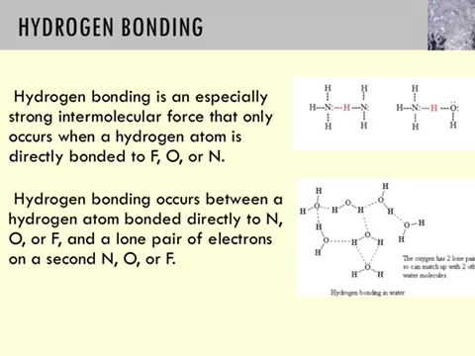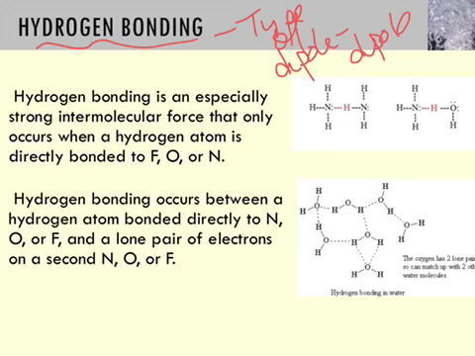All right, so the third and last type of intermolecular force that I'm going to go over is hydrogen bonding. Hydrogen bonding is the strongest of the three we've talked about. Hydrogen bonding is a type of dipole-dipole, okay? But it's a particularly strong type of dipole-dipole.